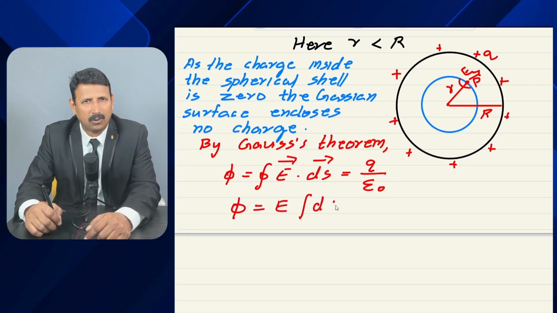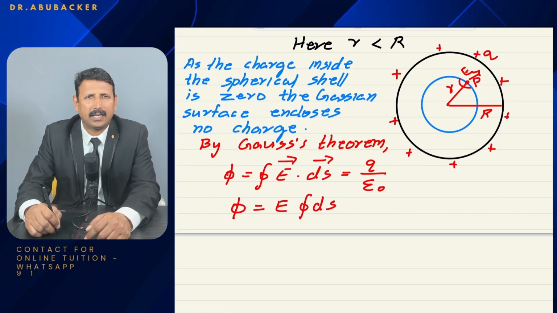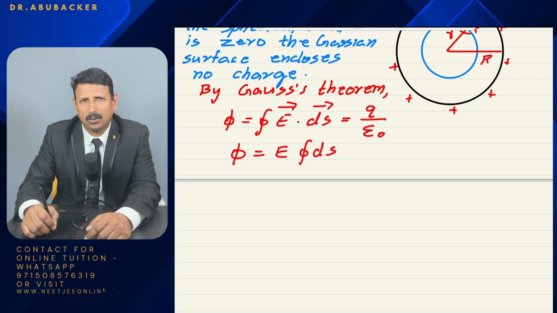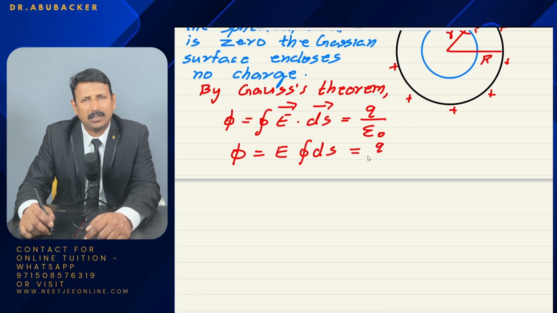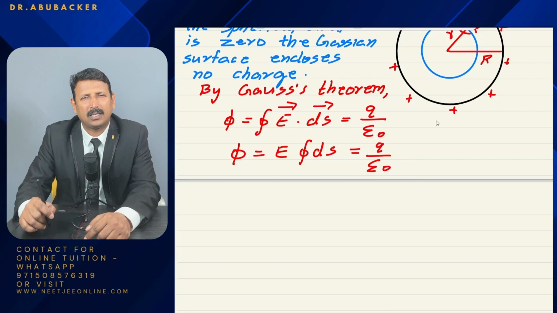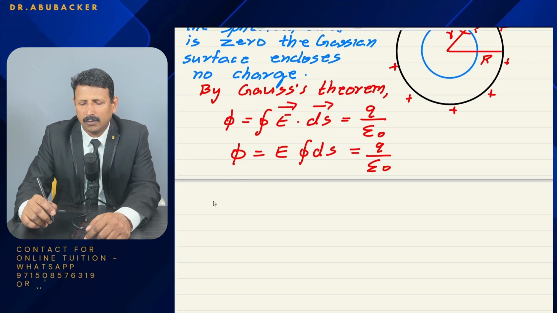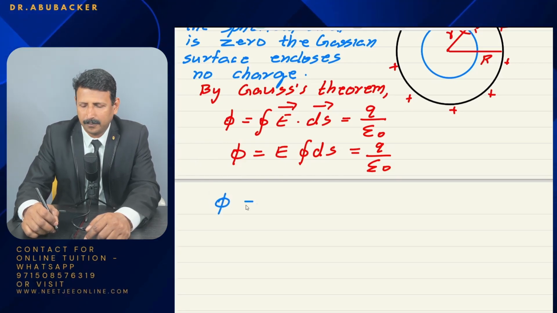So E comes outside: E integral ds is equal to Q by epsilon 0. But you know that there is no charge inside the spherical shell. As a result, the final answer is going to be 0.